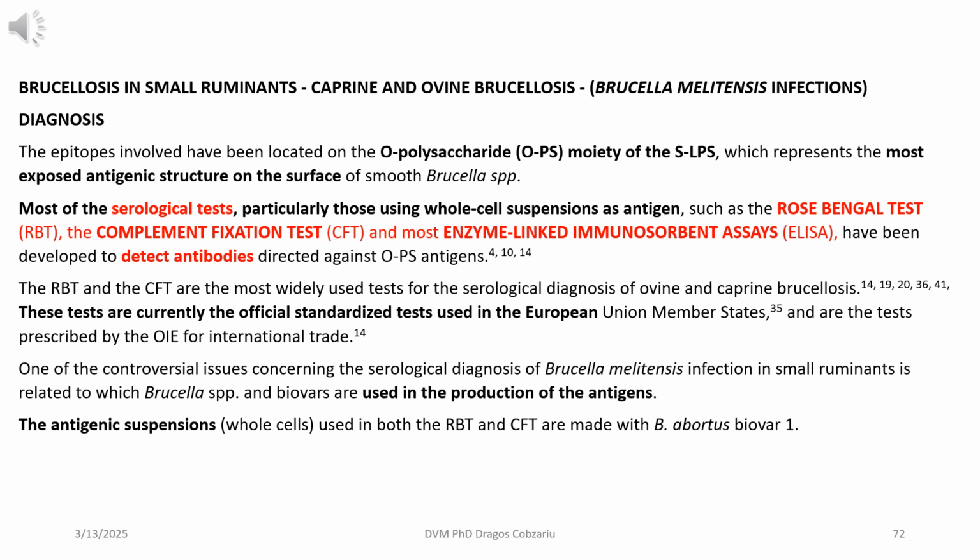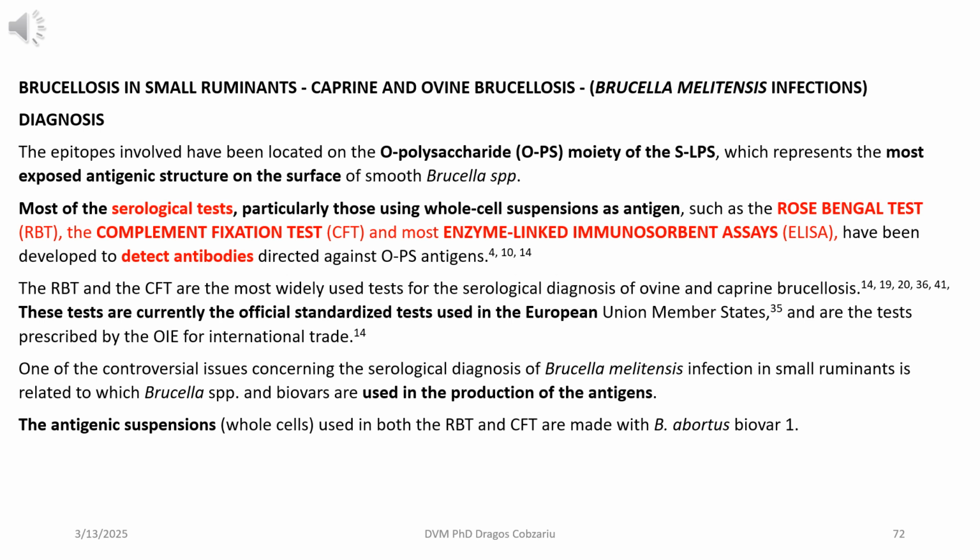Most of the serological tests, particularly those using whole cell suspensions as antigen, such as the Rose Bengal test, RBT, the complement fixation test, CFT, and most enzyme-linked immunosorbent assays, ELISA, have been developed to detect antibodies directed against OPS antigens. The RBT and the CFT are the most widely used tests for the serological diagnosis of ovine and caprine brucellosis. These tests are currently the official standardized tests used in the European Union member states, and are the tests prescribed by the WOAH for international trade.